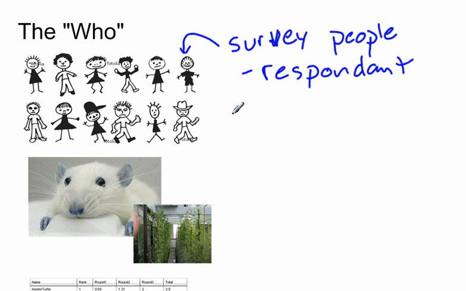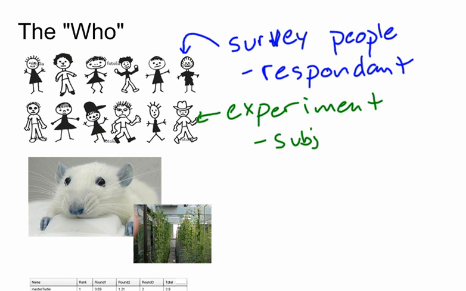But what if we get into an experiment? When we're dealing with experiments and we are experimenting on people, and I have these lovely people here that I would be experimenting on, we call people that we experiment on subjects. Or sometimes they are called participants.